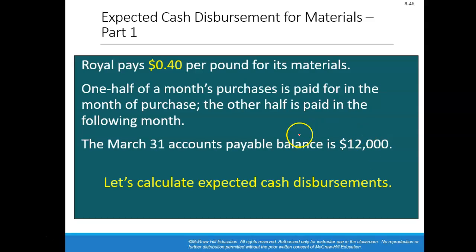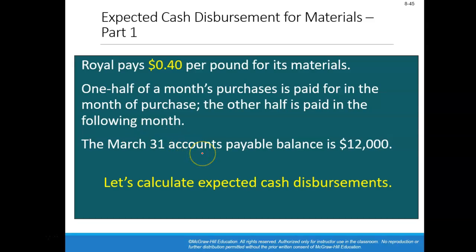However, we're not paying for all the material each month because we can buy material on account, which means on credit. So one half of the purchase is paid for in the month of the purchase. The other half is paid in the following month.